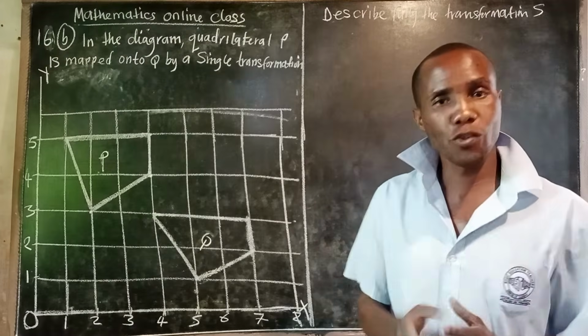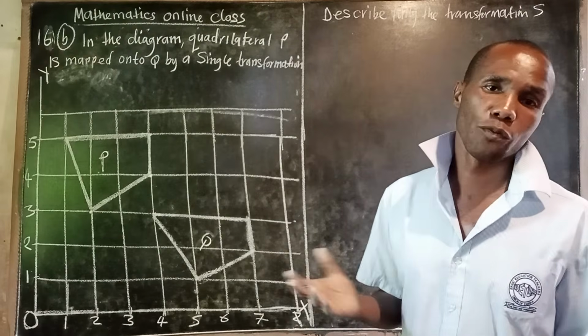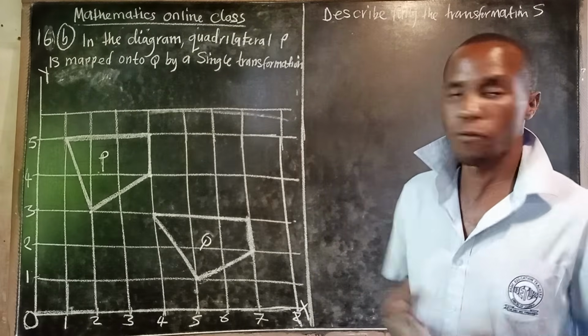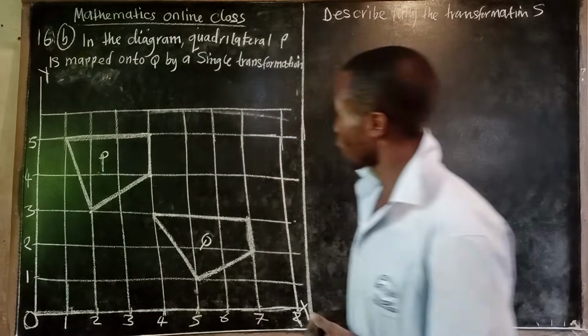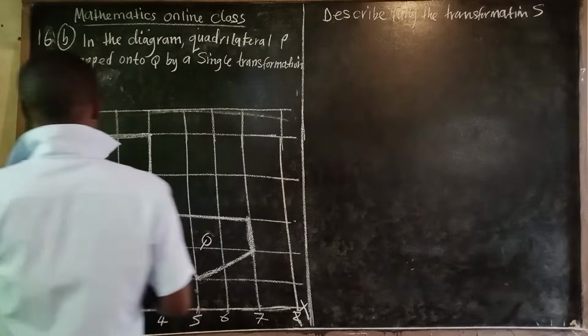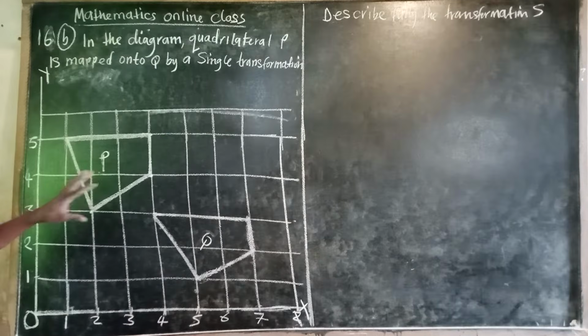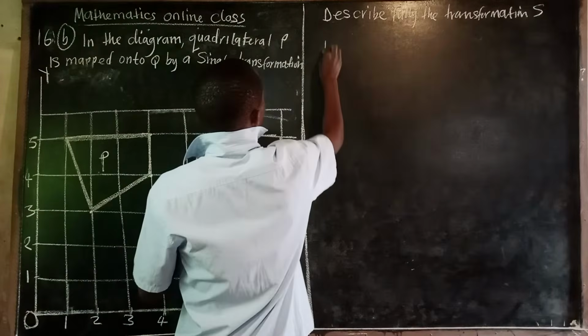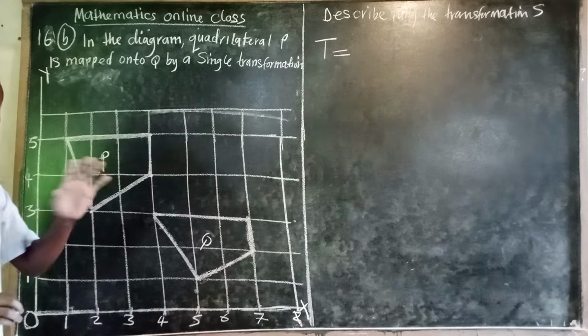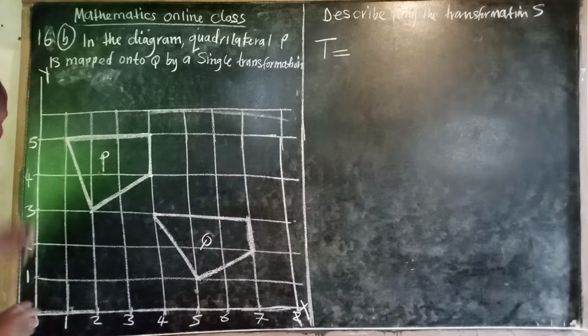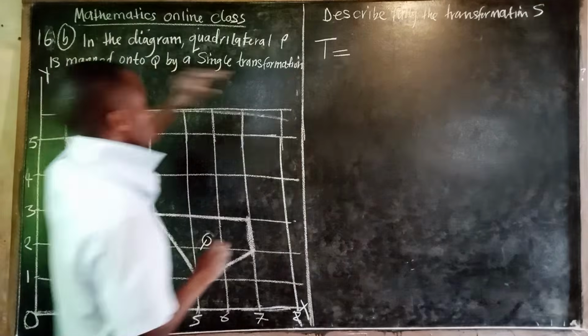So I'm going to teach you both of them so that you can choose the one you feel will be comfortable for you. Okay, so we are going to start with the counting method. Remember here we are finding the translation vector, which is represented by letter T. So let us use the counting method.